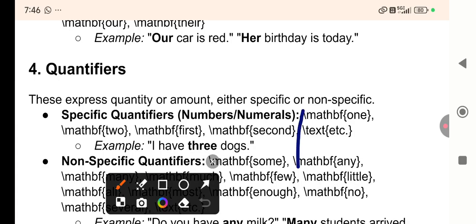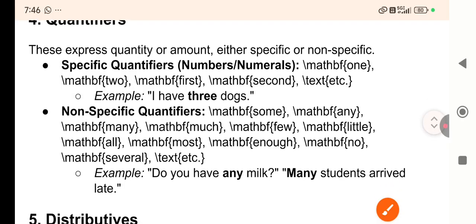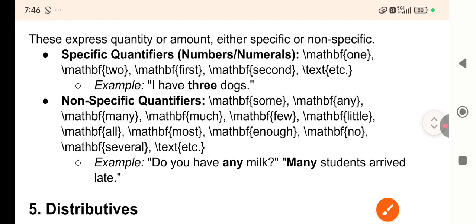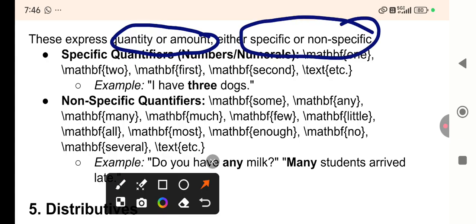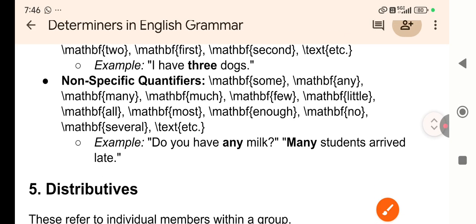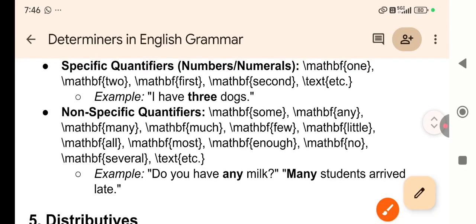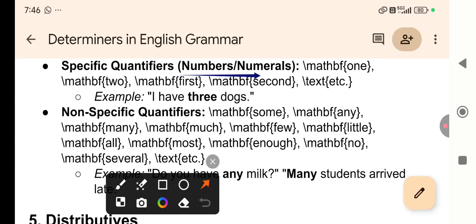These express quantity or amount, either specific or non-specific. So for specific, that's numbers or numerals, right?